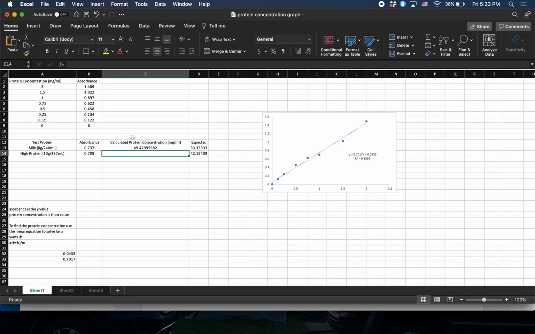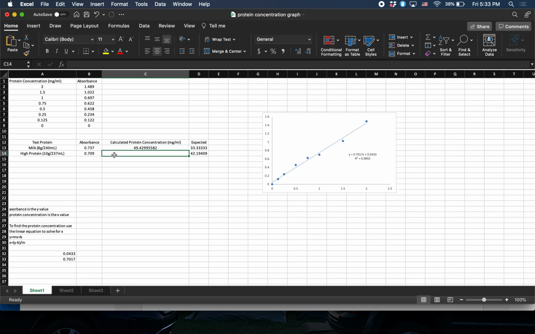And that should give me my protein concentration. The reason why we multiplied by 50 is because we made a dilution of the milk and the high protein in the PBS at first before we did the absorbance. So the absorbance that we have calculated is a dilution of the milk and the high protein.